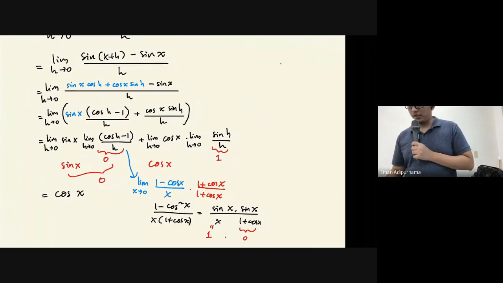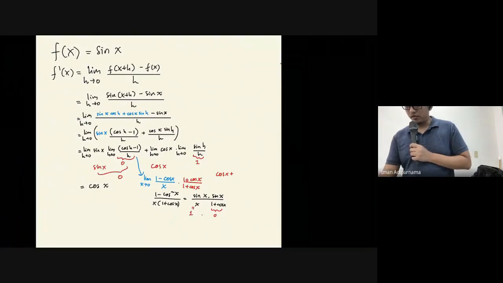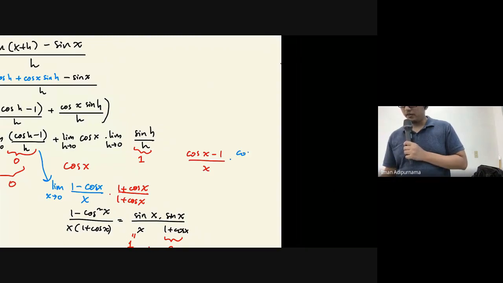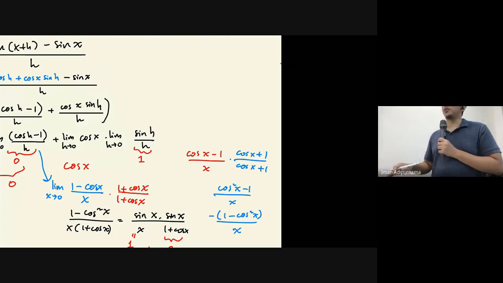If you have cos x minus 1 here, you have the same thing. You multiply this, you get here, and I will write this as this, right? And the same thing with the negative, but because you will multiply by 0, it's the same 0, okay?